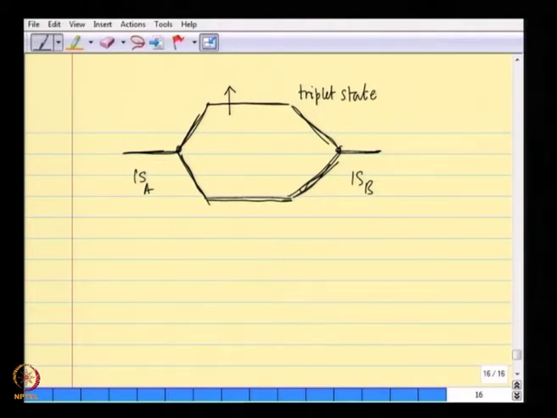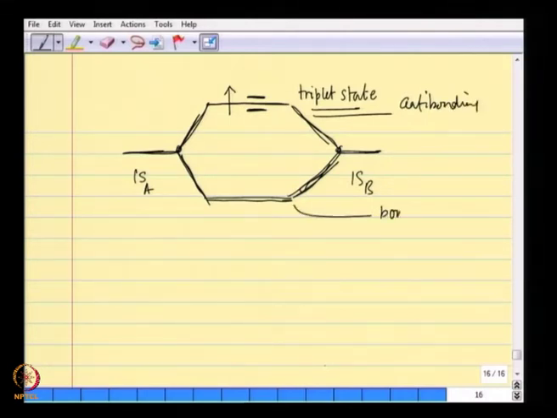And you have to see that it is threefold degenerate in the absence of any spin interactions, and the electrons can be with plus plus, or plus minus, and minus plus, and minus minus. So, this is a triplet state, the excited anti-bonding state, and the bonding state is a singlet state.